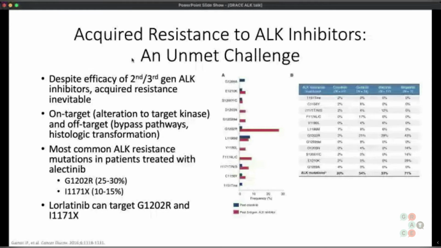The good news is that when we see these resistance alterations, we know that lorlatinib can actually target these alterations. So when we have patients who progress on frontline alectinib, we do a repeat biopsy, we see one of these ALK resistance mutations, we can then go ahead and treat with another ALK inhibitor, usually lorlatinib, to try to overcome this resistance.